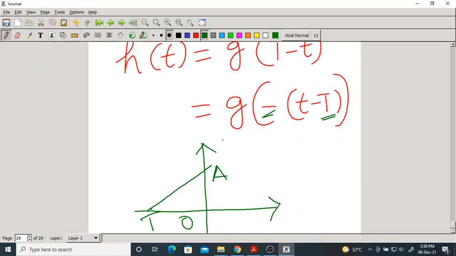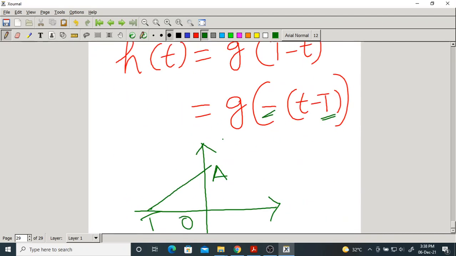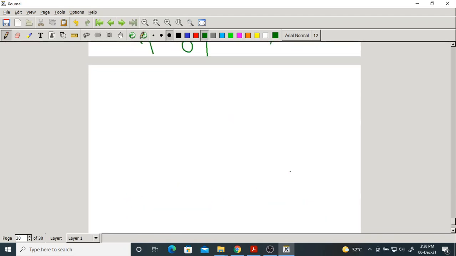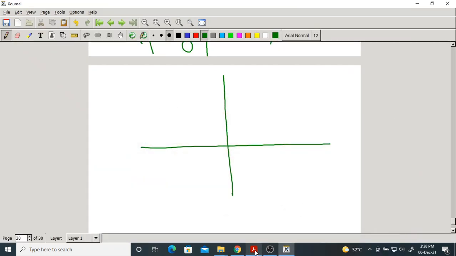Okay, I have made a mistake. Time reverse is not like that. This is time reversed: from minus T to 0, with amplitude A. One operation is over.